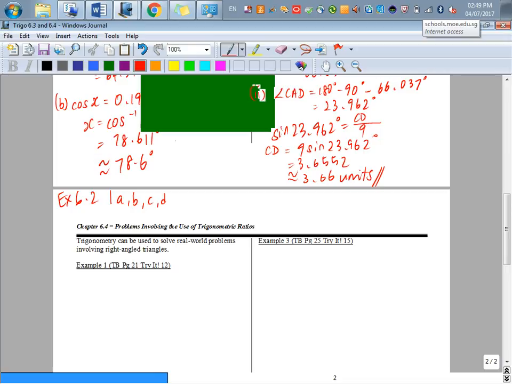You can finish it in 1 or 2 seconds. 1A, B, C, D. And then we also have 2A, B, C. Also very fast one. Then we come to level 2. We have question 3, C, and E. Finally, we have 5 and 7.